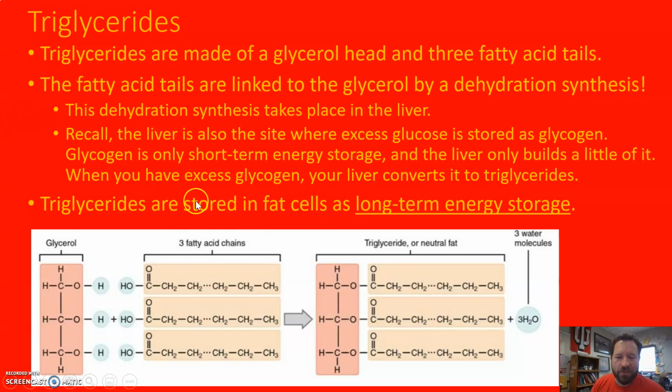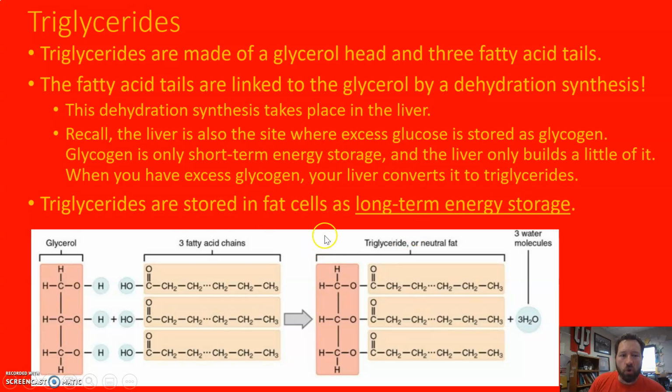In general, this happens in the liver. The liver is where you make your triglycerides. You guys remember from a couple days ago when we did our diabetes unit, we talked about the liver pulling excess glucose, that's like our energy molecule, out of our bloodstream and linking them together into the polysaccharide glycogen.